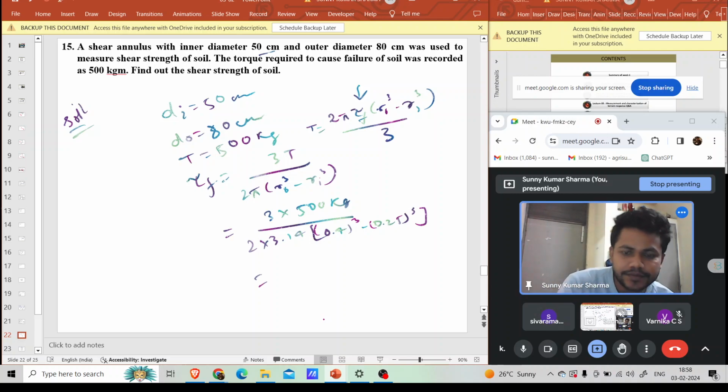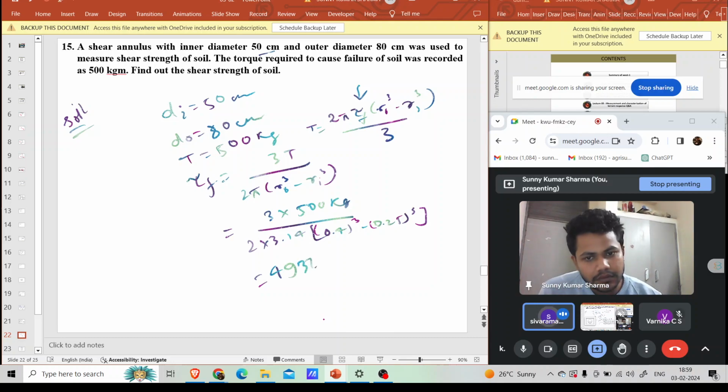What value you got? Sivaraman? I got 4,955.038, sir, in terms of kilogram per meter square.